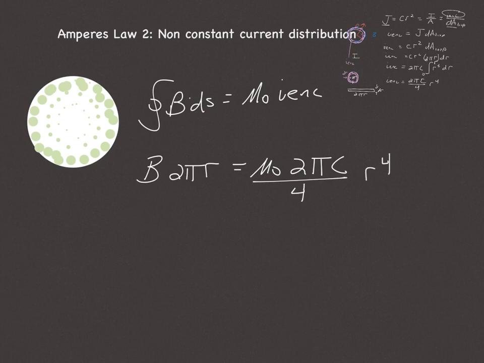And just simplify that up there. This 2 cancels out that 2, this pi cancels out that pi, this r cancels out one of those r's. And we get our final answer. B is equal to mu naught c over 4 times r cubed.